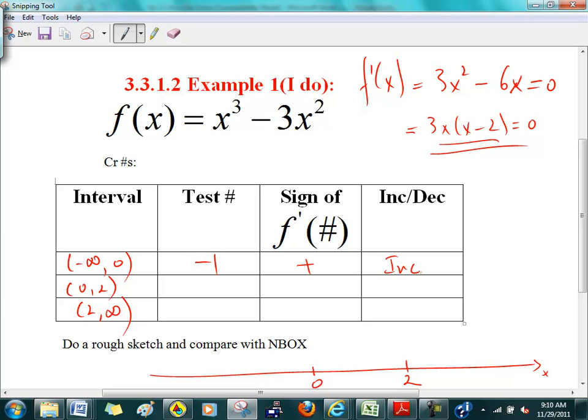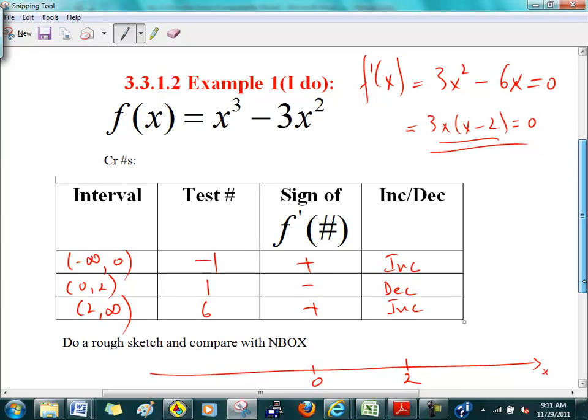Pick a number between 0 and 2. Put it in f prime. Positive or negative? Increasing or decreasing? Number between 2 and infinity? Put it in f prime. Positive or negative? Increasing or decreasing? Is everybody with me on this?